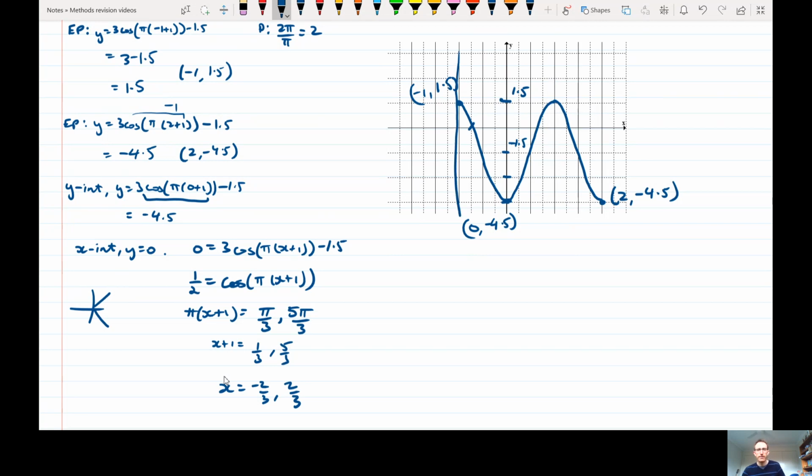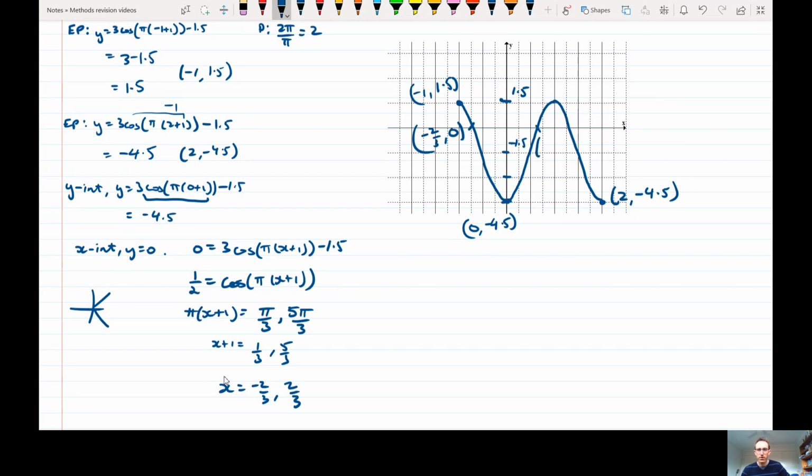This would normally have been our starting point because we've moved it left 1. That's half of the period. So this whole section would normally have been over here. We've moved it across half a period, and that's why we start down the bottom instead, even though it's not a negative cosine graph. So this one down here is (-2/3, 0).